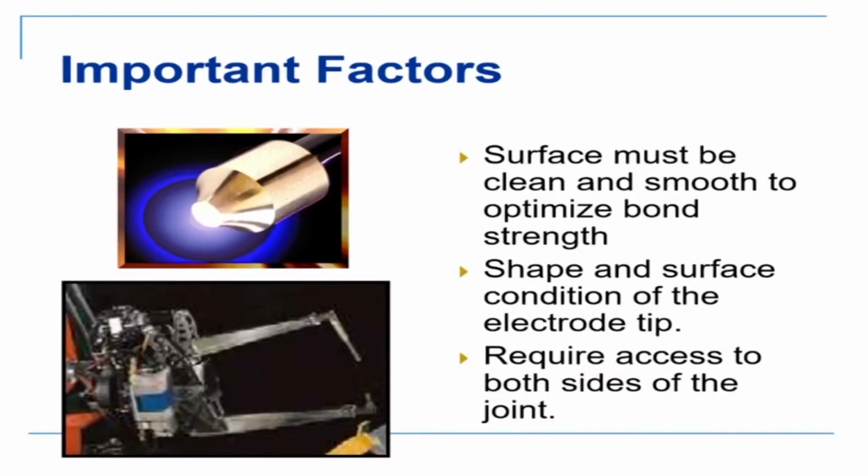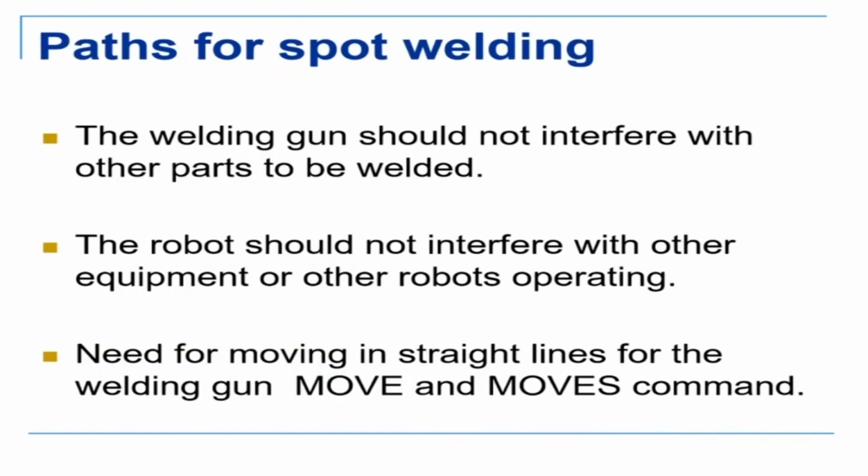Now the important parameters, which are more towards the design of welding equipment, are that the surface must be clean and smooth to optimize the bond, and it requires access on both sides of the joint. This is very important for robot programming, because the robot has to enter inside the car body, not hit another robot, not hit any part of the car body, do the weld and then come out.